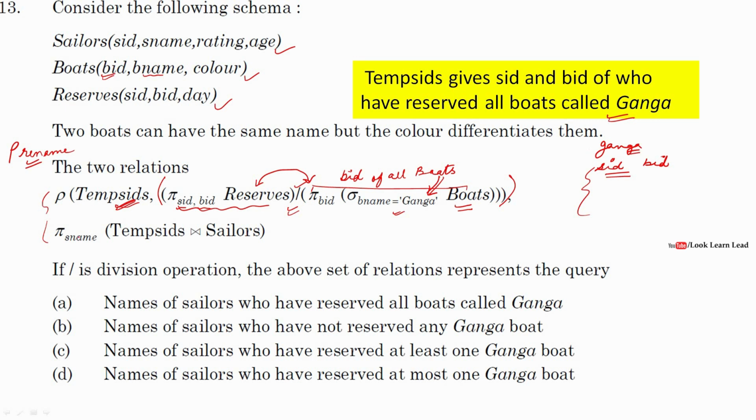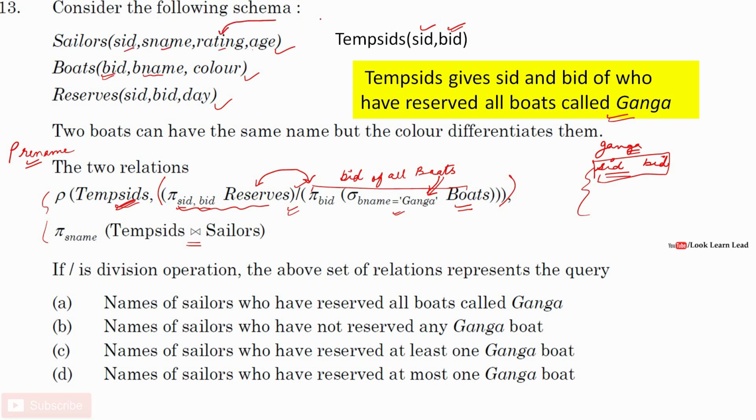Now we are performing a join operation between temp SIDs and sailors. This is our temp SID relation, and this is our sailors. Temp SID contains SIDs and BIDs of all the reserved boats whose name is Ganga, and sailors contains SID, name, rating and age.